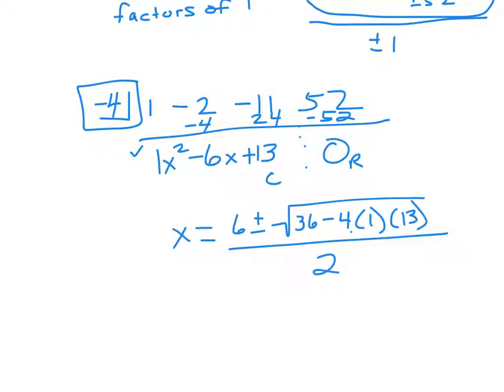Negative 4 times negative 1 is negative 4. Negative 4 times 13 is negative 52. So all this mess in here simplifies to what, negative 16?